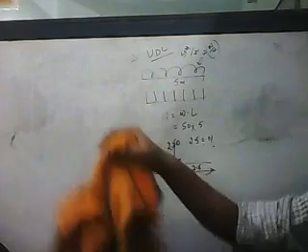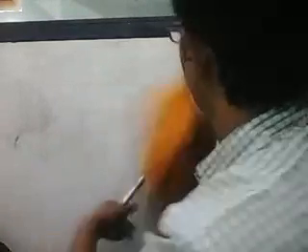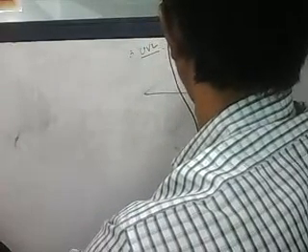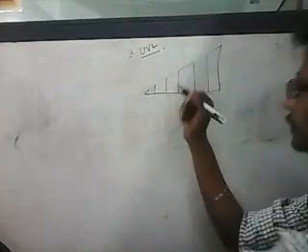Right now, third one is your varying load. That is uniformly varying load. It is like this.